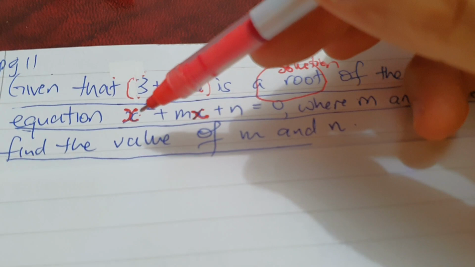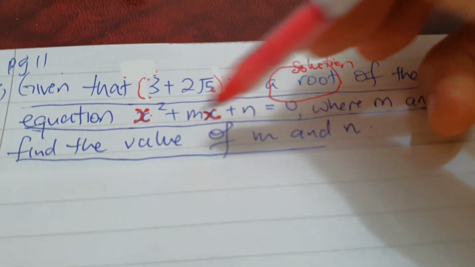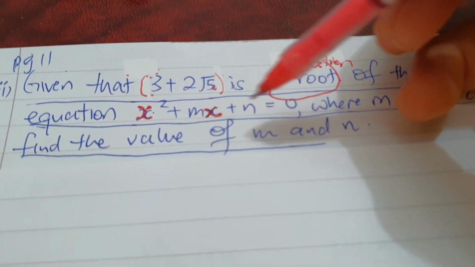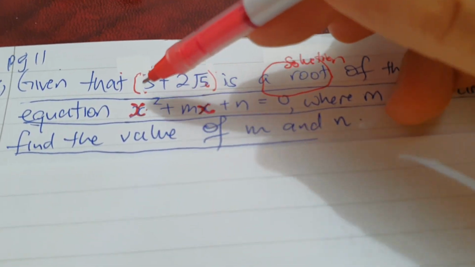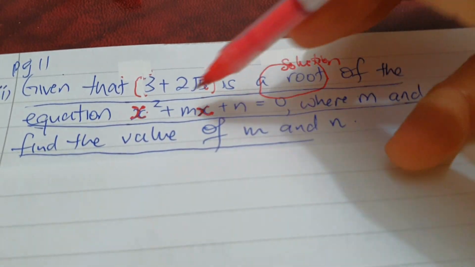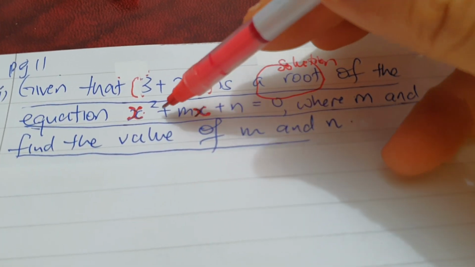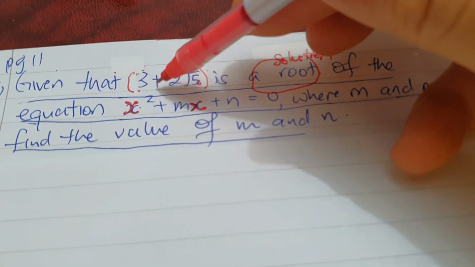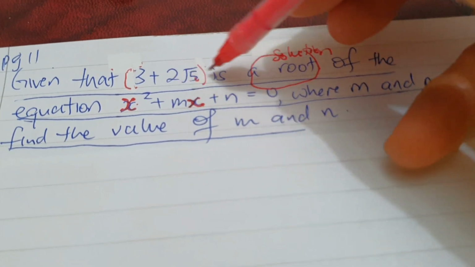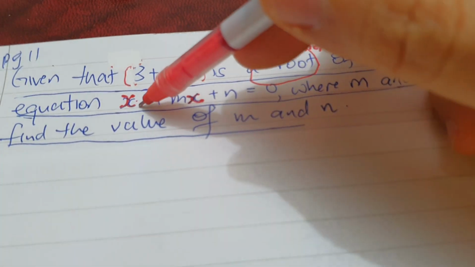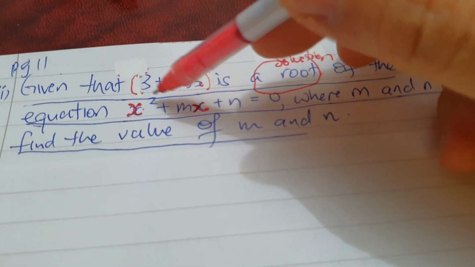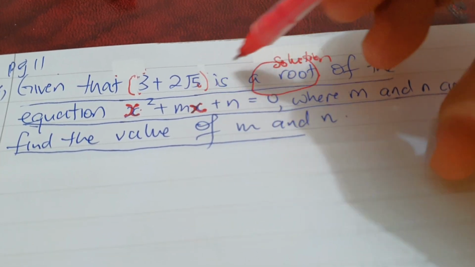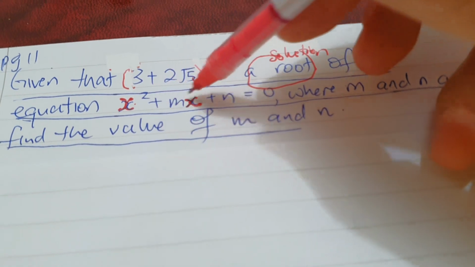It means that when you solve this equation, the variable that you're solving here is the x value, all right? The x value, when you solve this equation, the answer is 3 plus 2 square root 5. One of the answers, okay? There should be two answers because this is a quadratic equation.